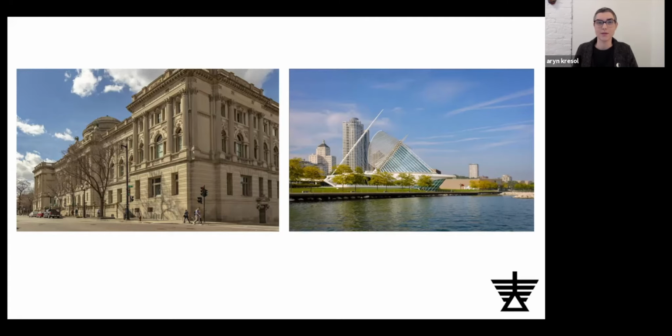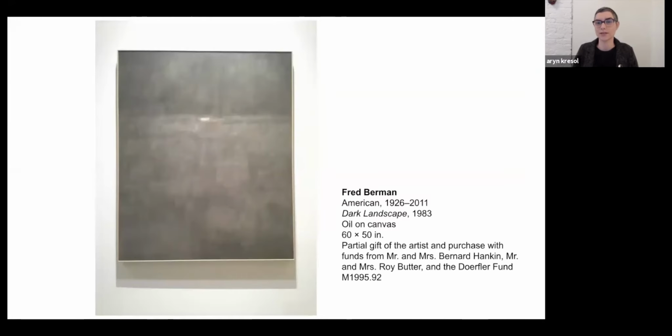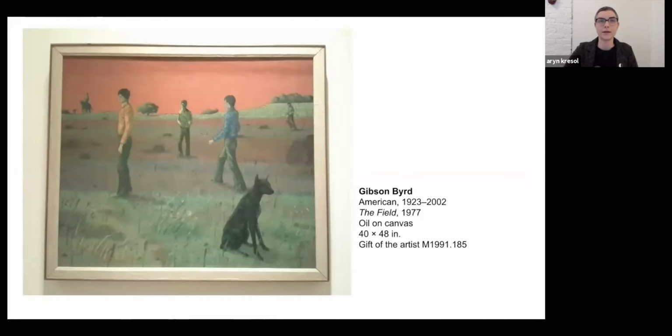This was in the form of a long-term loan that included works such as Fred Berman's Dark Landscape from 1983, acquired in 1995, Gibson Bird's The Field from 1977, which was acquired in 1991, among others.